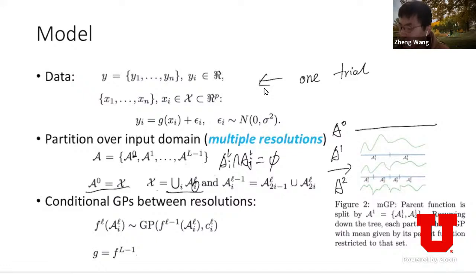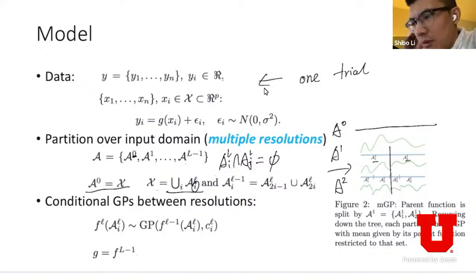In each level, you further have an index to index the partition, and between levels, each partition is further binary partitioned by some point in those partitions.